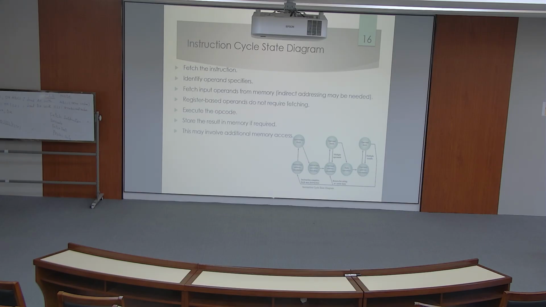Then we decode the opcode to interpret what it means to the microprocessor. Then execute the whole instruction, and store the result in the memory if it is required, or store it in the register, depending on which kind of operation the microprocessor is executing. So we fetch the instruction from the memory.